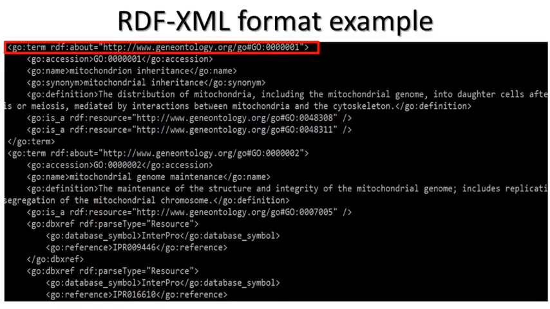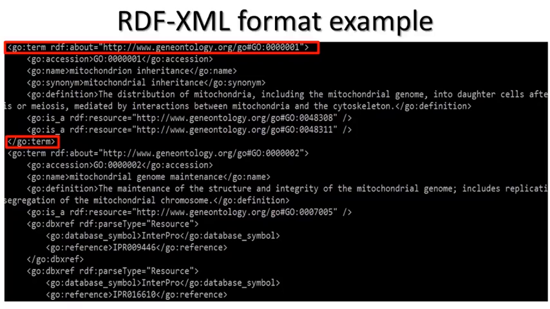Each term starts with less than sign GO term. The URL of the corresponding entry in the online gene ontology server is listed here. Each term ends with less than sign slash GO term, the greater than sign. The slash signifies the end of it.